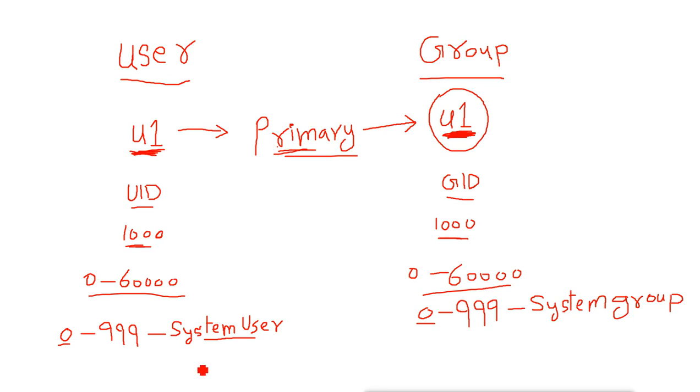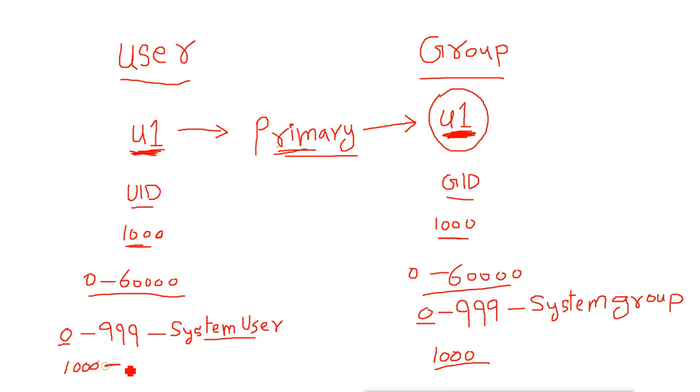After that, when we create normal accounts, the numbering starts from 1000. So when we create any normal user account, it will get a UID from 1000, and the primary group of that user will get a GID of 1000. This is for the normal users.